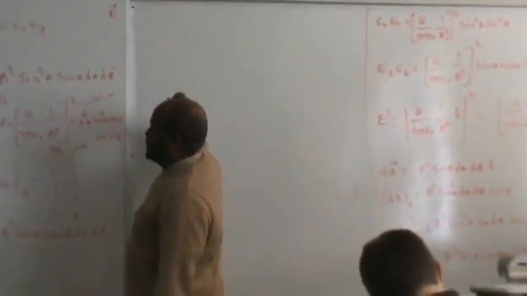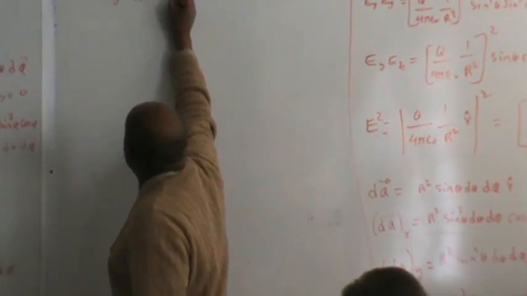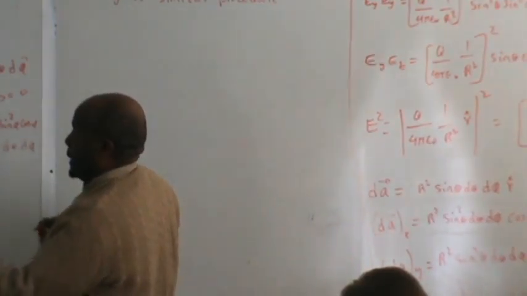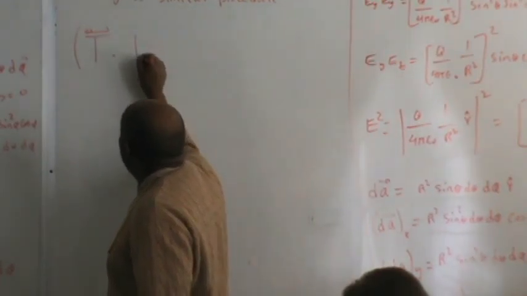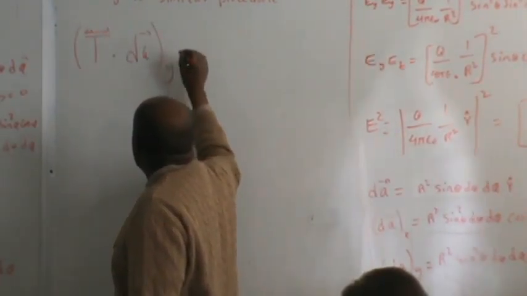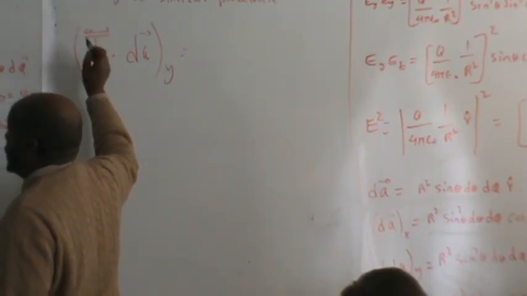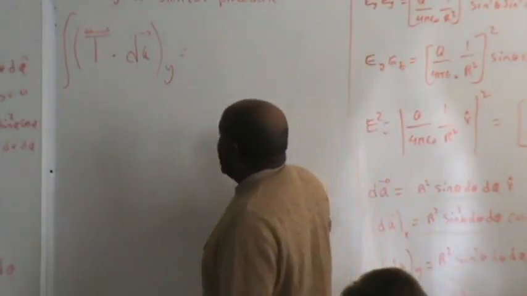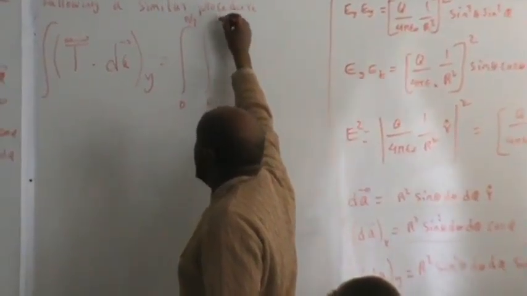All right, I don't want to read this part. Okay, so following a similar procedure, we can show that the thrust tensor dotted with dA, y component, after you did the integration, of course, what you would find is going to be the integral from 0 to pi over 2, from 0 to 2 pi of which term?